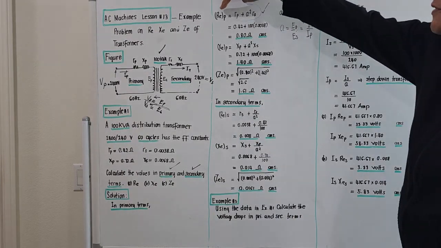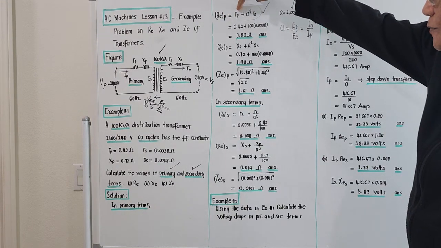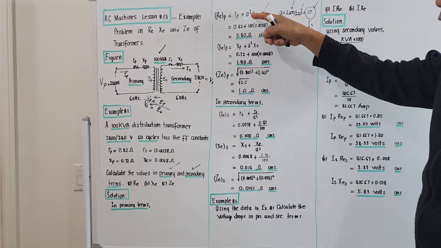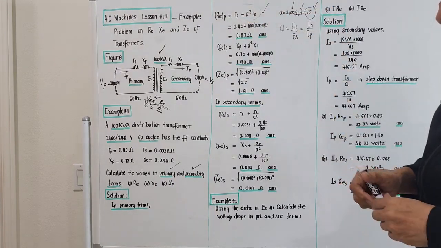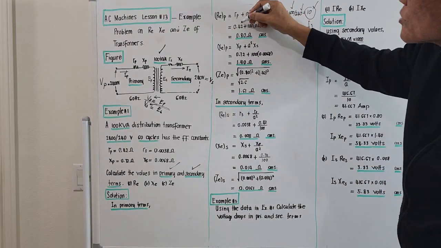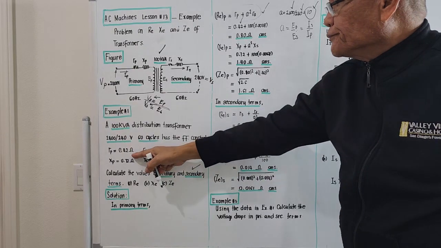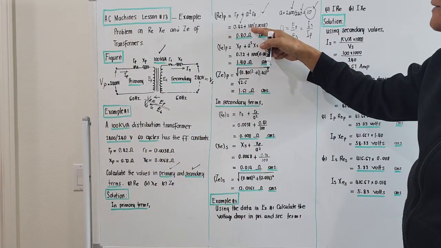So to compute for the equivalent resistance referred to the primary, it should be R sub P plus A squared R sub S. So we now know A, right? So the square of A is 100. And what is R sub P? We are given R sub P, it's 0.42. A squared will be 10 squared, that will be 100.